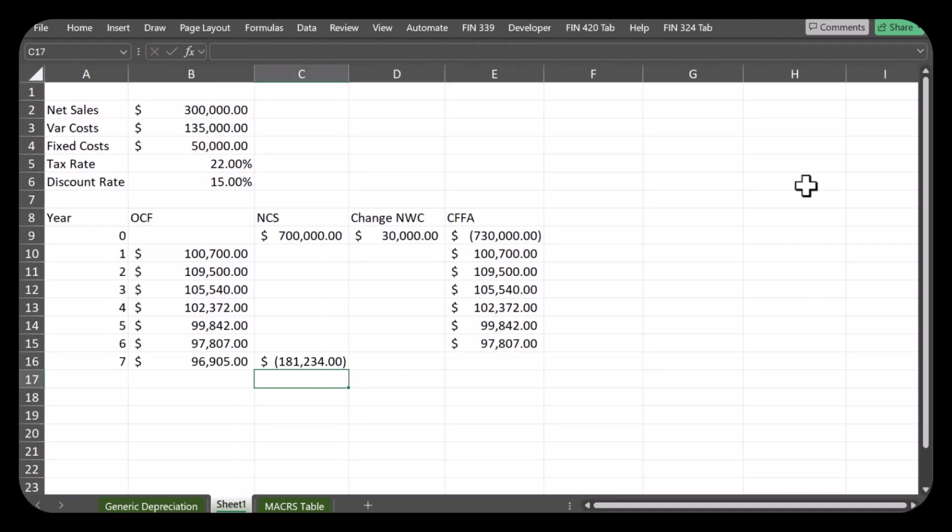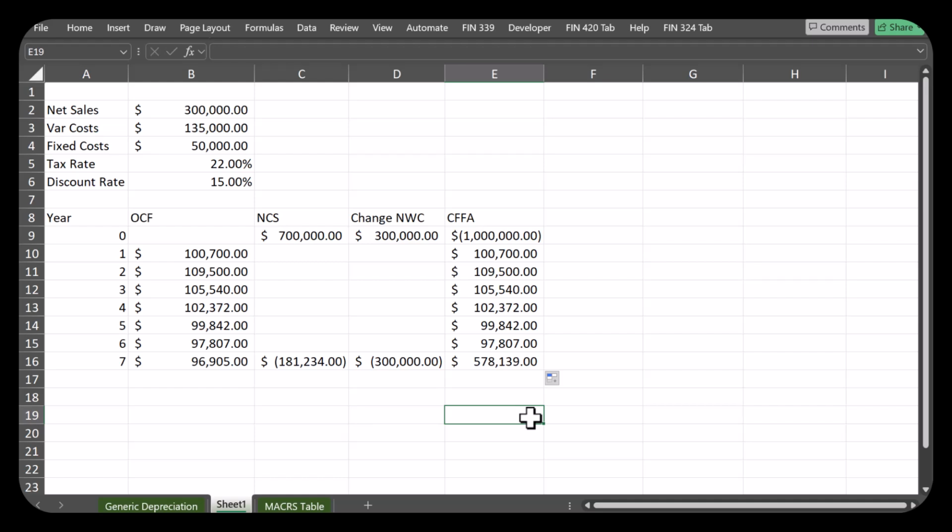And here, negative of that. That should be 300,000. Let's make sure. So those are our cash flows. Okay.